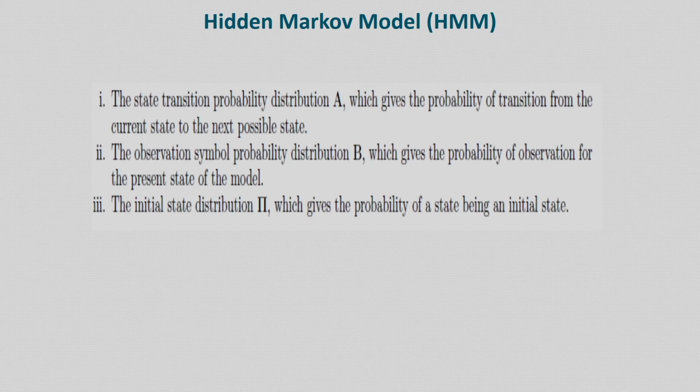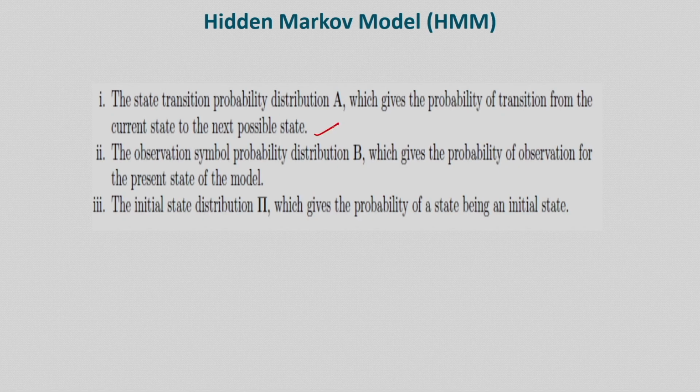In the hidden Markov model, you can see the state transition probability distribution A, which gives the probability of transition from the current state to the next possible state.